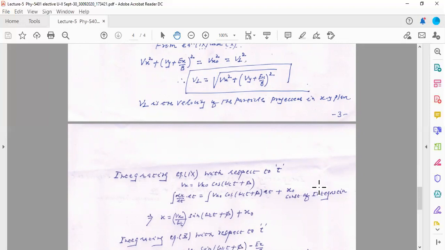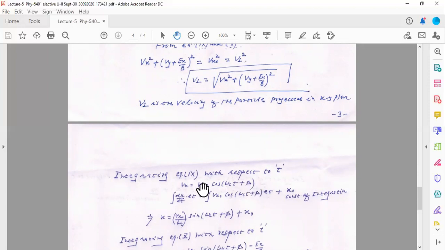Right, z0 is basically the z coordinate of the particle, which we are considering at t equal to 0. Similarly, y0 is the y component of the particle of plasma at t equal to 0, right?